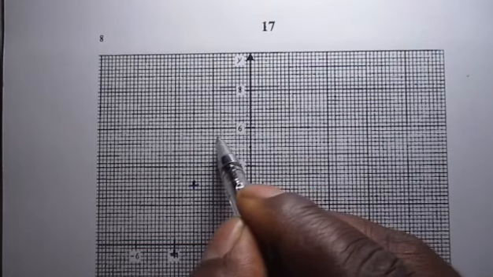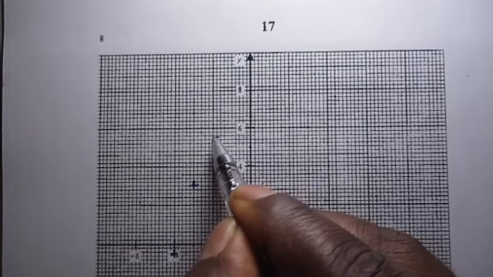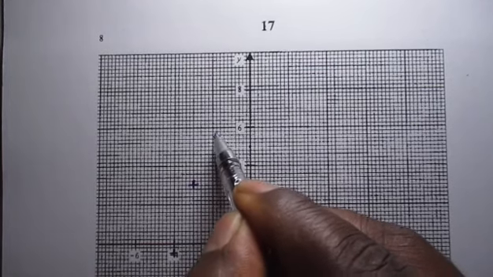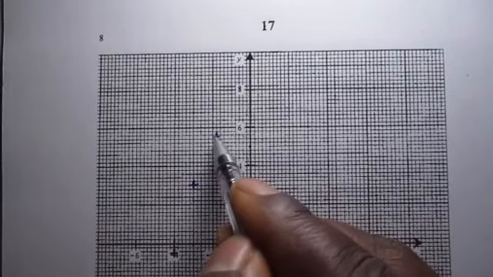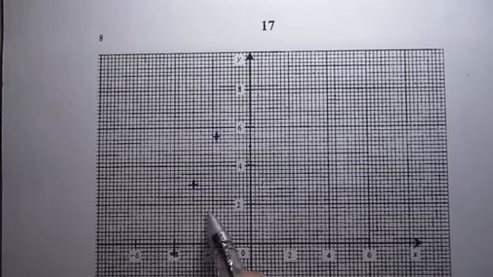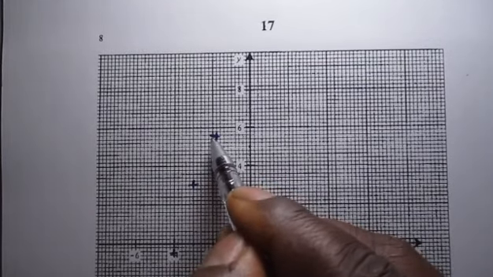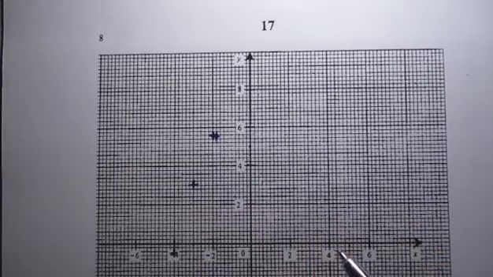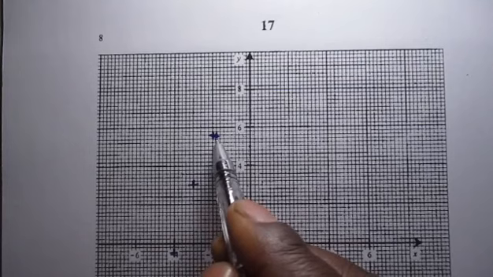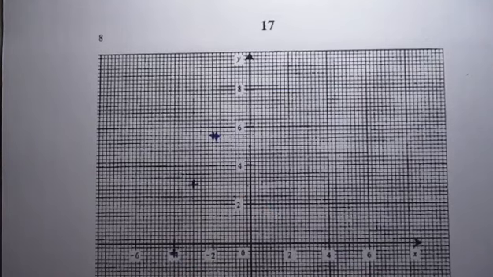So we want this point to be aligned with minus 2. This is minus 2, so your point is somewhere there. So this is your point, minus 2 for x being aligned with this point.